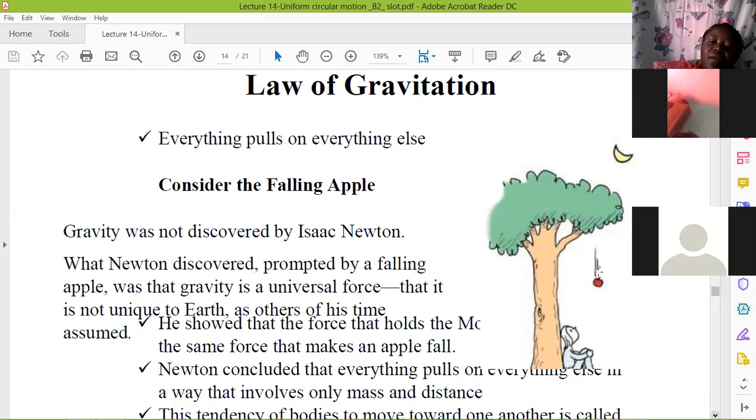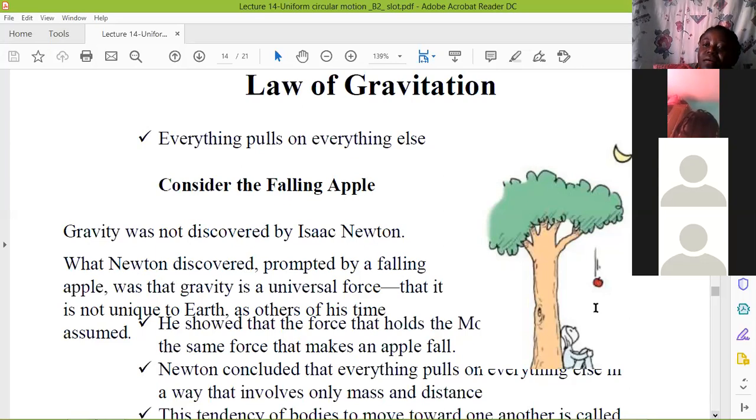We have the mass of this object, and there is a pull coming up because it's falling towards the earth. Because of the mass of the earth, it also plays a role in the forces that pull these objects to fall.